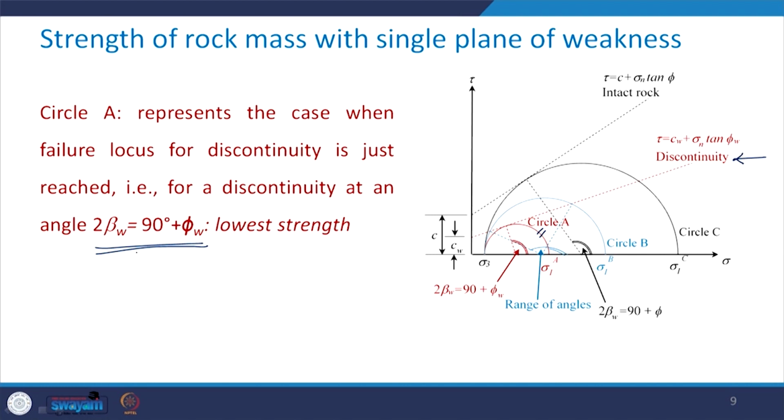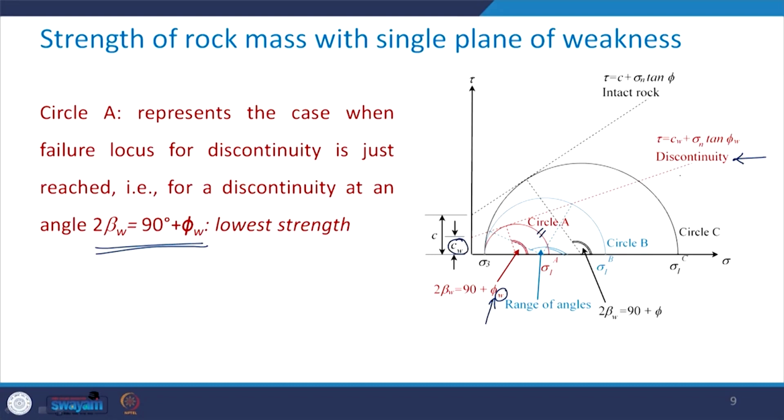Here I have replaced the phi which we were discussing earlier with respect to the discontinuity by phi w, w for wall. Now in this case you have the cohesion intercept as Cw.